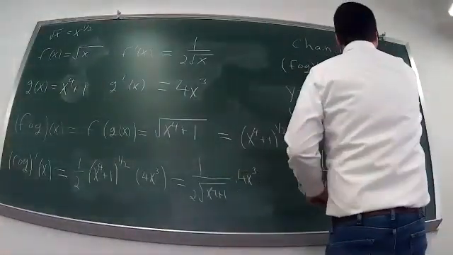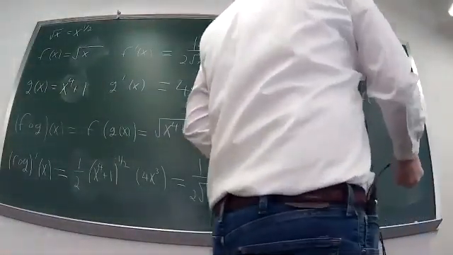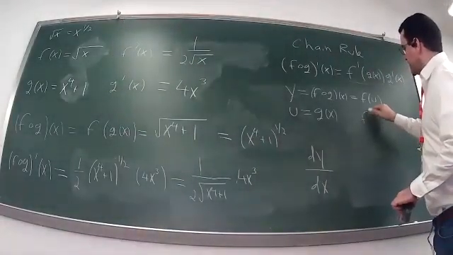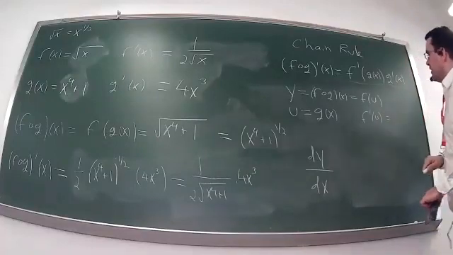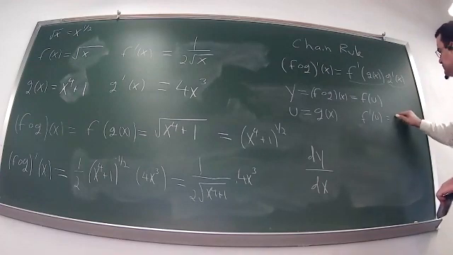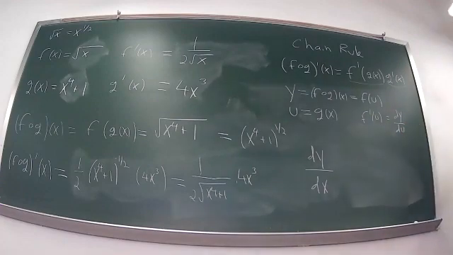And so f prime of g of x is f prime of u, which is the same thing as writing dy du.